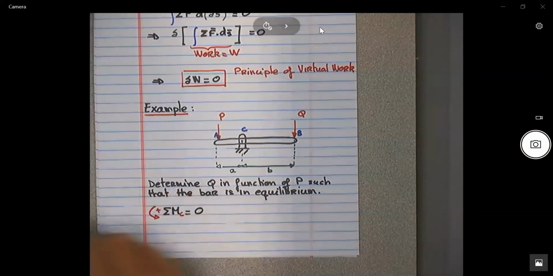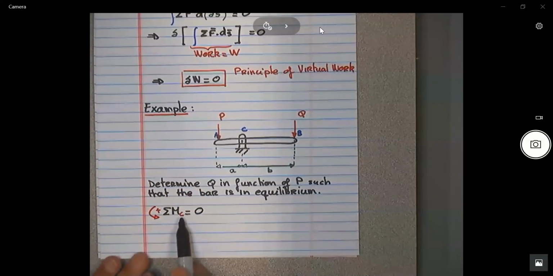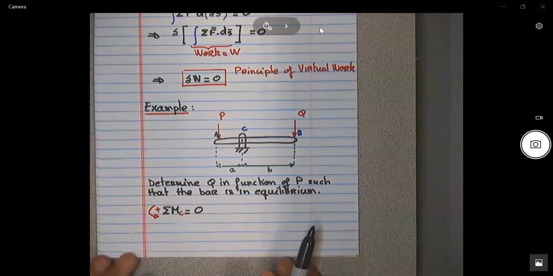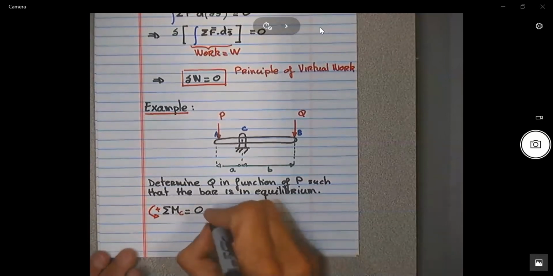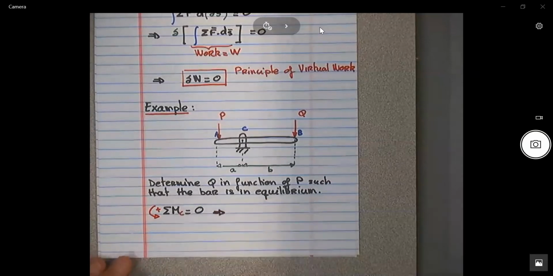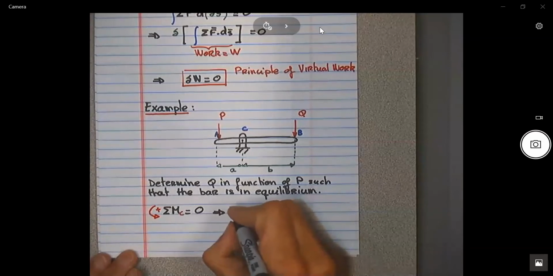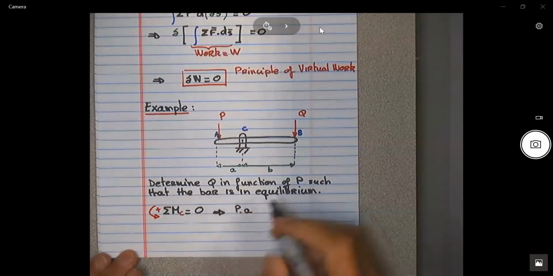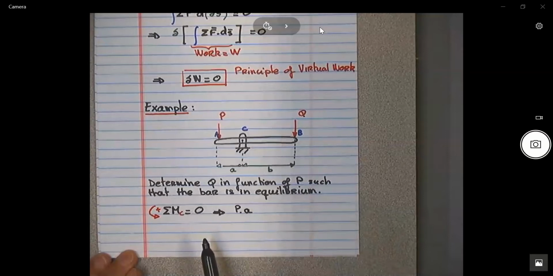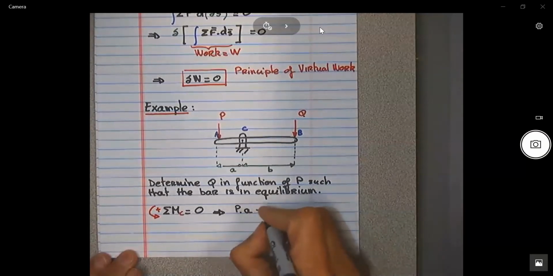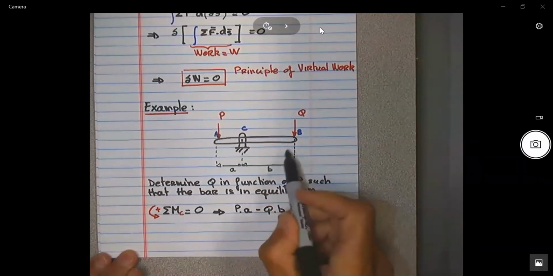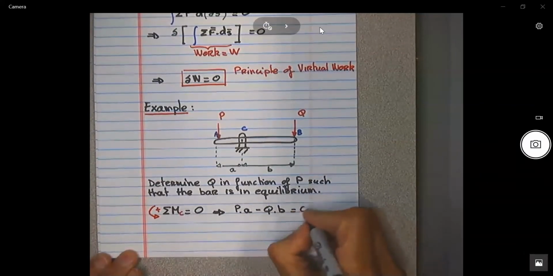It's important that you always specify about which point you take moments. If you don't say about which point, nobody can know what you're doing. So this is very simple. P times A is going counterclockwise, so that will be positive, minus Q times B, because this one is going clockwise, equal to 0.